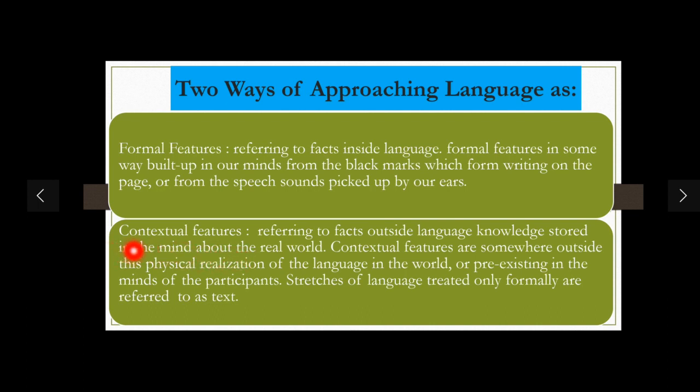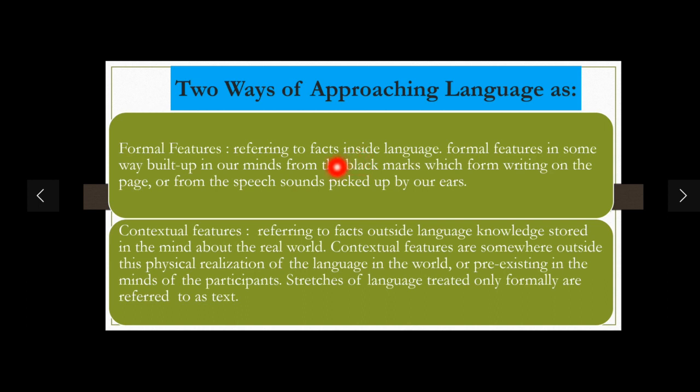That's why they are also called contextual features, because we don't have the features inside the language. We use our logic, we use the context, we look at the shared cultural knowledge, and from shared cultural knowledge and our logic, we can say whether this sentence is connected with another one or not.